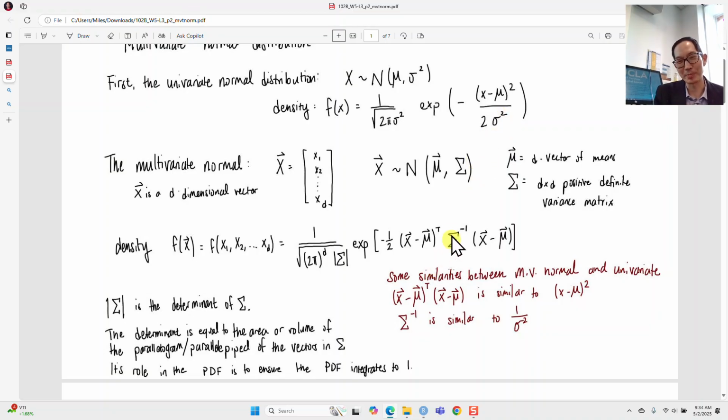So there's definitely parallels going from the univariate scalar value case to the multivariate vector case, right? And then the over 2, that's included in the -1/2.